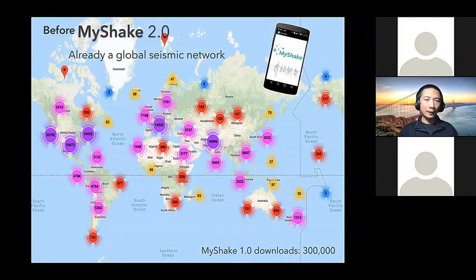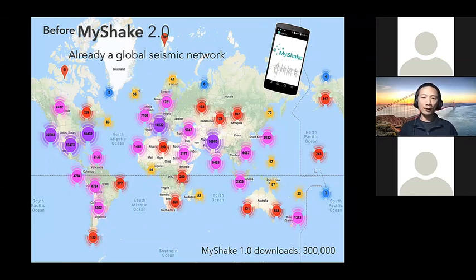So far we have released MyShake 1.0 in 2016, and we released MyShake 2.0 last year, 2019. Within 3 years, about 300,000 people downloaded MyShake. This is the distribution of the MyShake phones for 1.0.